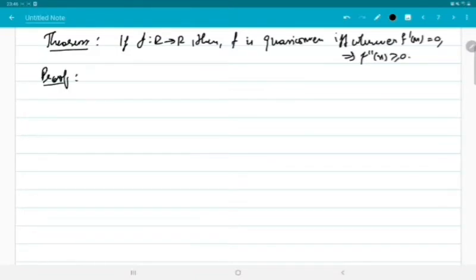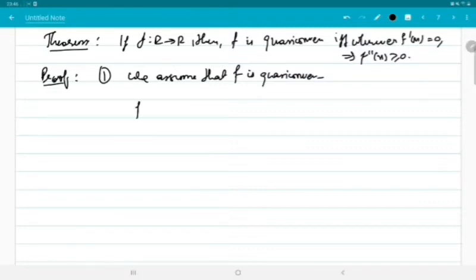Proof: in the first direction, we assume that f is quasi-convex. Then what we do is we take a point C. So take a point C, write it down.